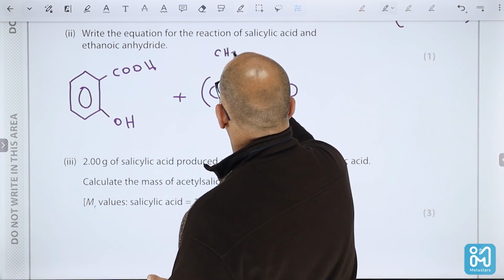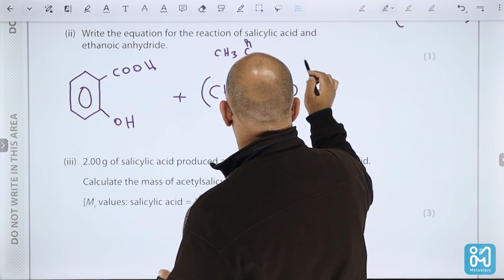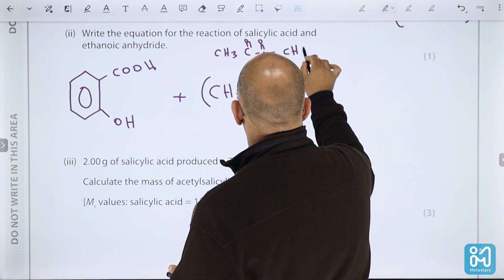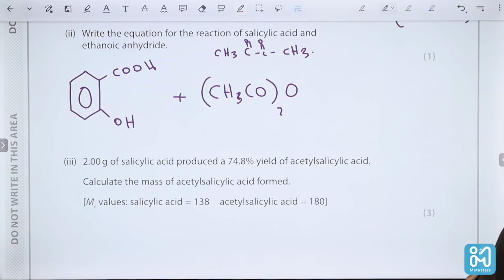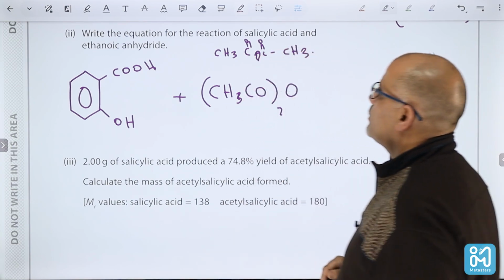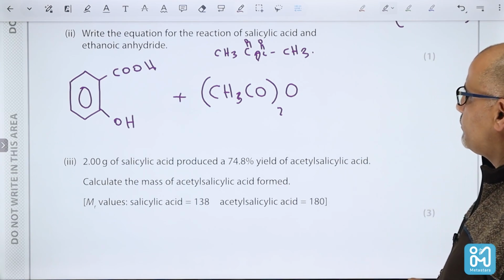You will see CH3, C double bond O, O, C double bond O, CH3. You will write the structure like that, and in the middle you have ethanoic anhydride. Okay.